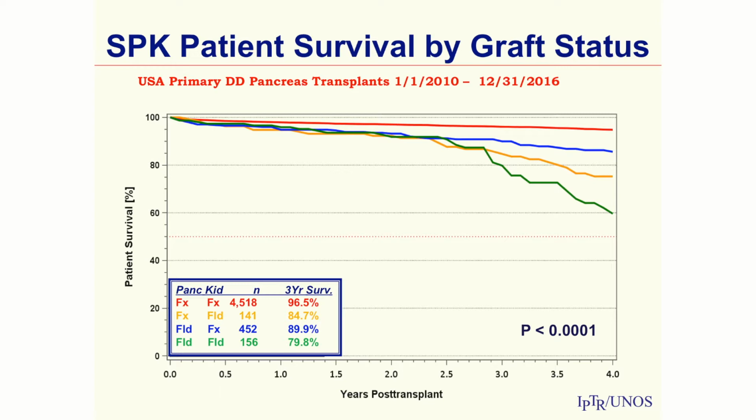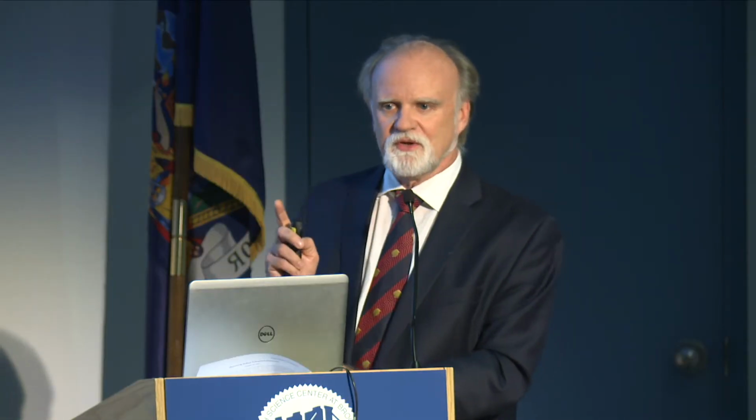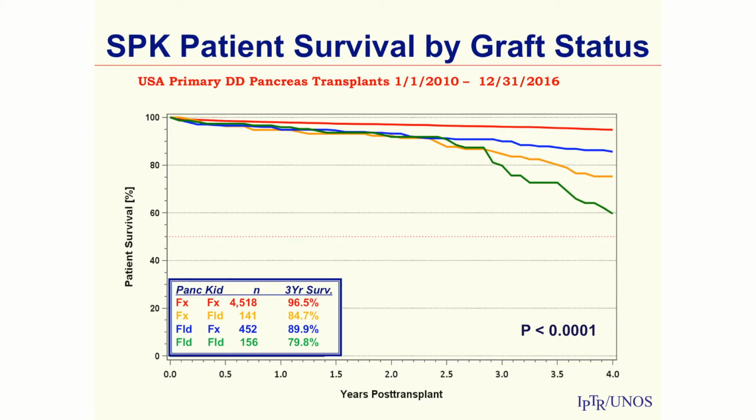Now, this is what I already showed. If one of the grafts is lost, the patient pays with his life. So if both are functioning, three-year patient survival is almost 97%. If the pancreas fails here, but the kidney is functioning, we go down to about 90%, so about a 7-8% decrease.